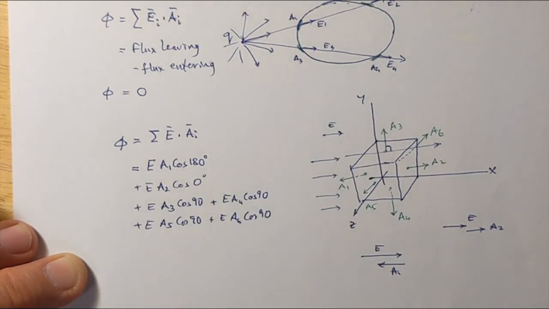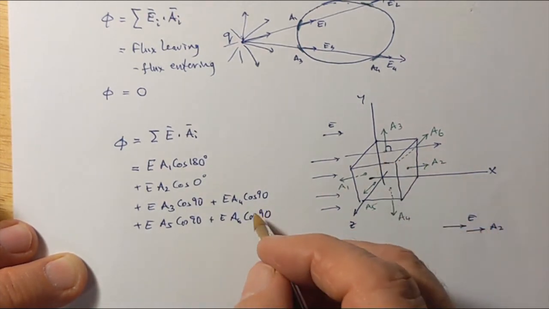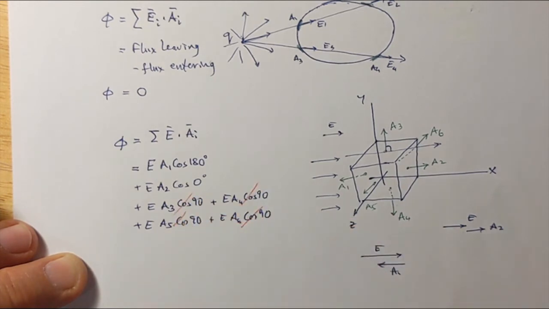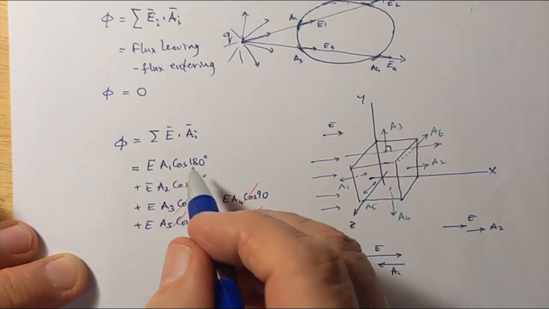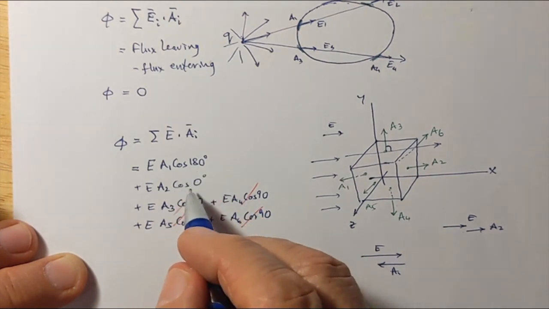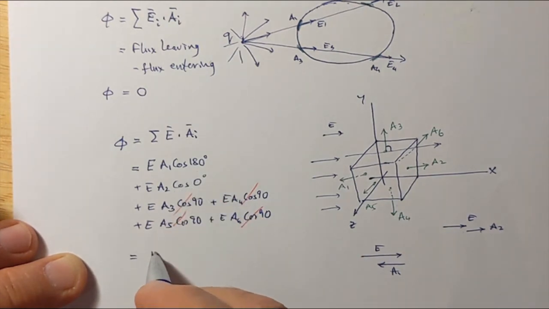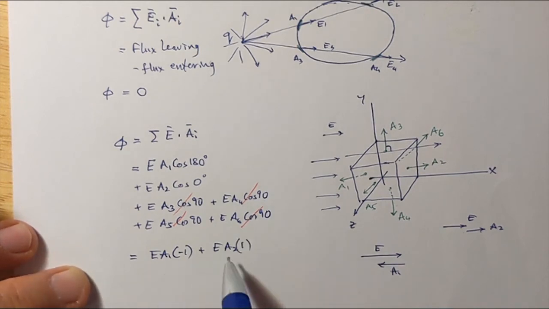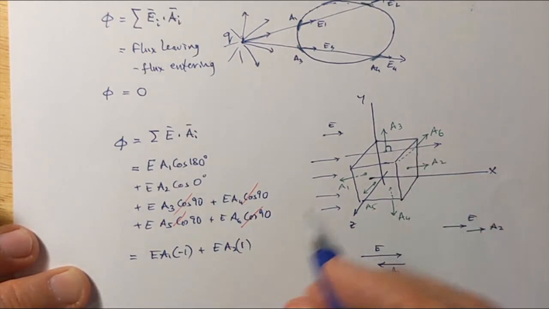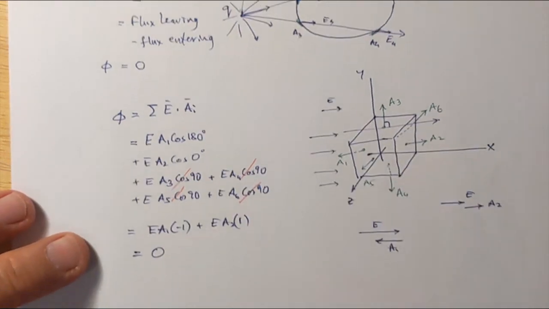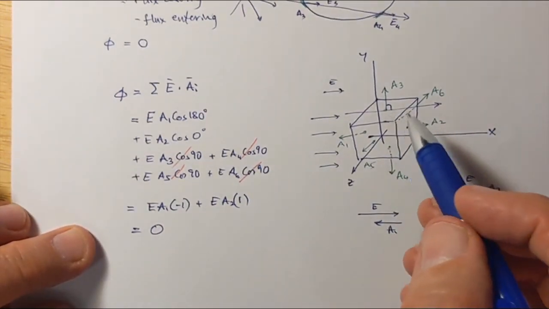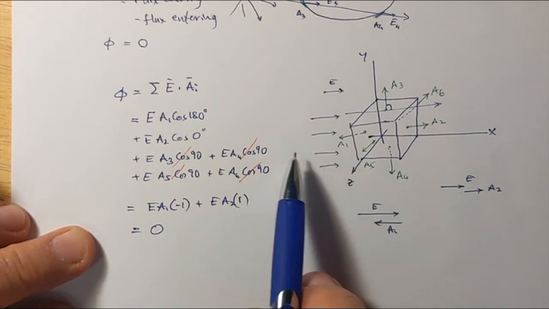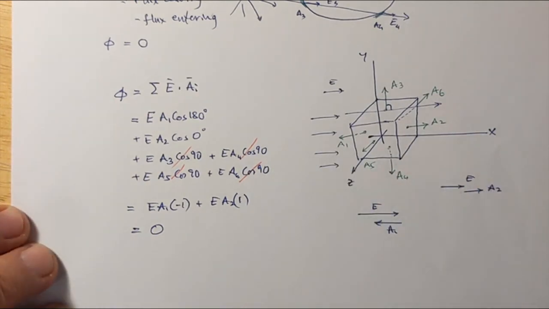Now, cosine 90 is 0, so all of these would add up to 0. And cosine 180 is minus 1, and cosine of 0 is plus 1. So it's going to be E A1 times minus 1 plus E A2 times 1. And since the areas are equal, therefore this is going to be equal to 0. And so the net flux in this case is 0, which simply means that what's coming in is going out.